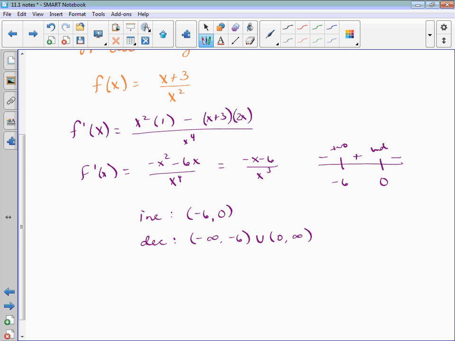What if I ask you about maxes or mins? At negative 6, is it a max or a min? By maximum, do you mean minimum? Because if you're decreasing and then increasing, that creates a minimum. So we have a minimum. And what is our minimum?